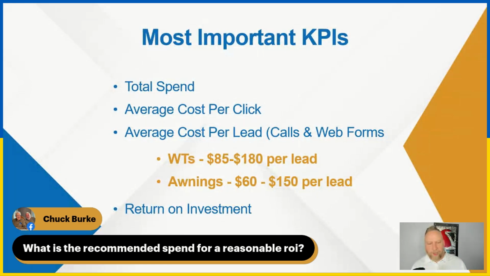Chuck is asking, what is a recommended spend for a reasonable ROI? Great question. So for our clients, we highly recommend that they start at $1,500 a month. If you start at 500 or 800 a month, what's going to happen is there's not going to be enough traffic for Google to learn who your audience is and who's going to convert.